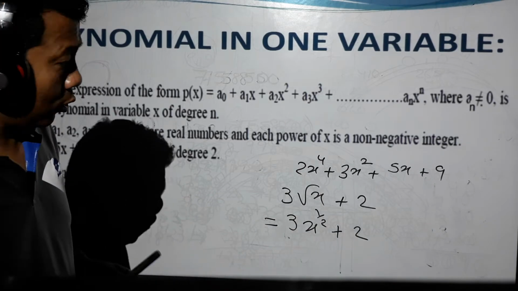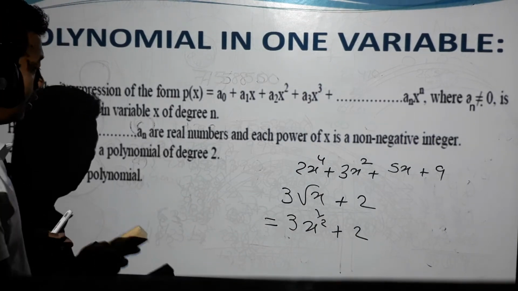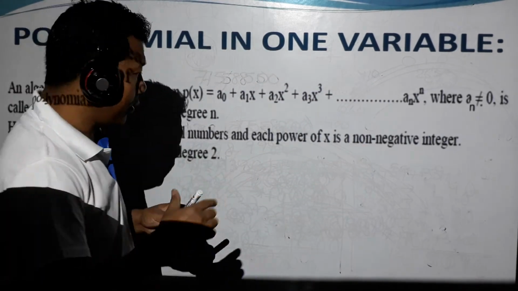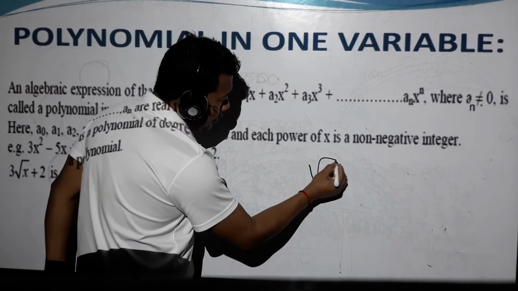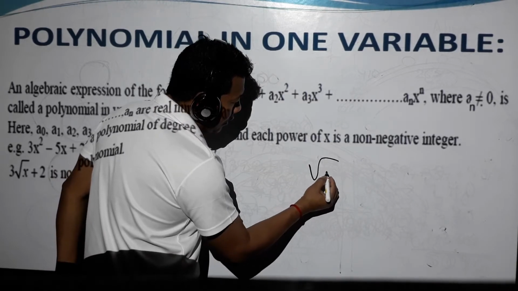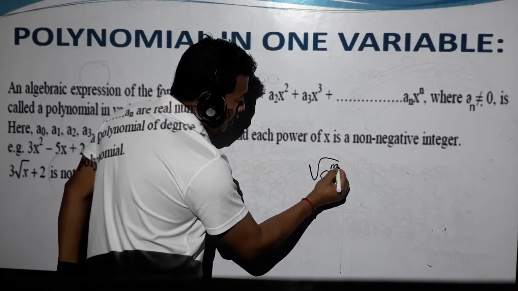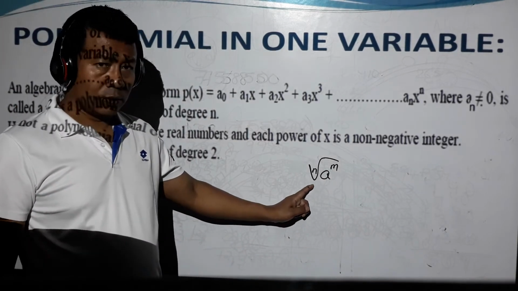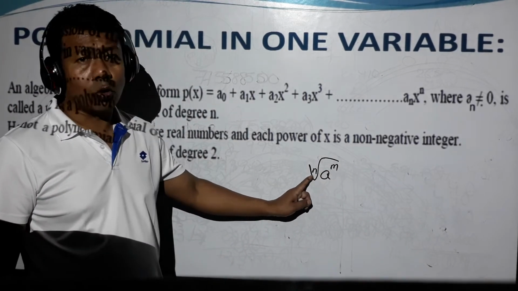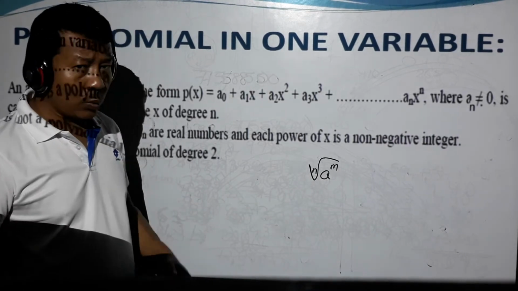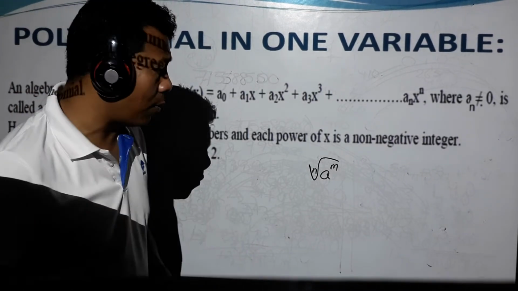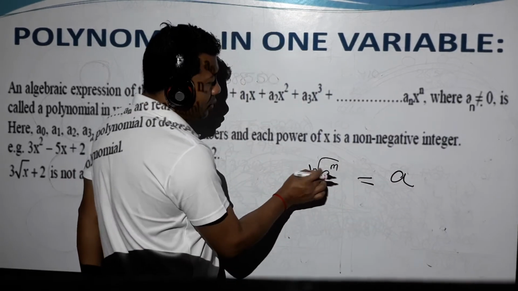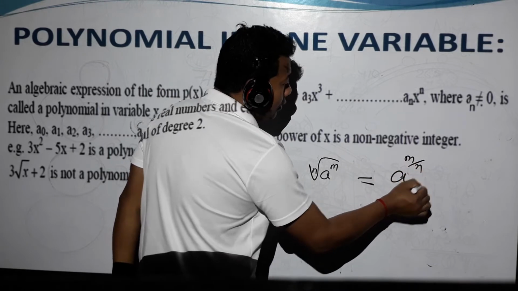Now, for a better understanding, I will tell you something here. If you write the m-th power of a under a root of order n, when you write it in the exponential form, how will you write? a to the power m divided by n.